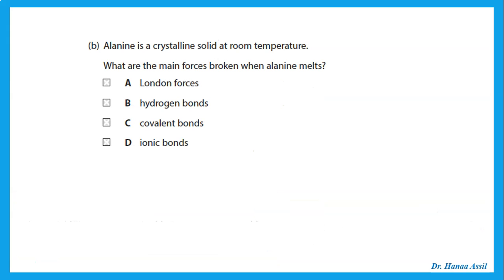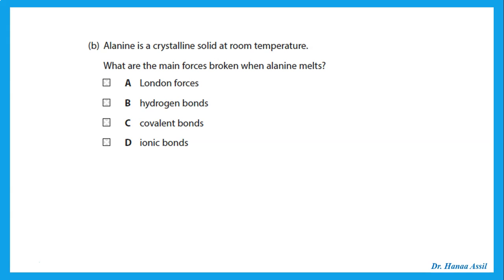Alanine is a crystalline solid at room temperature. What are the main forces broken when alanine melts? We have to remember that alanine molecules are simple molecular structures, so they would have London forces.